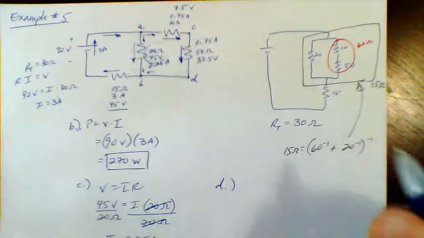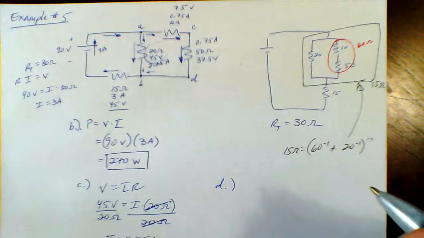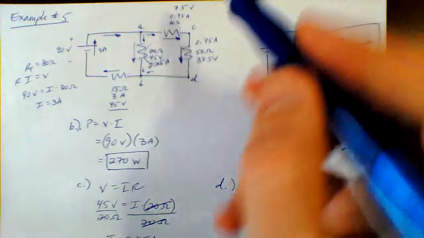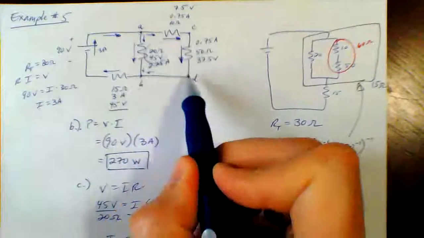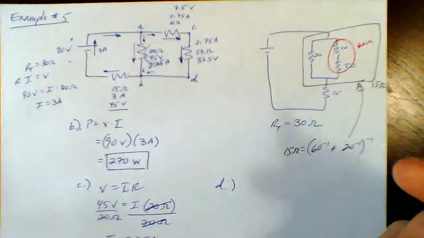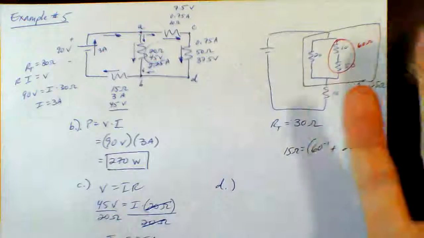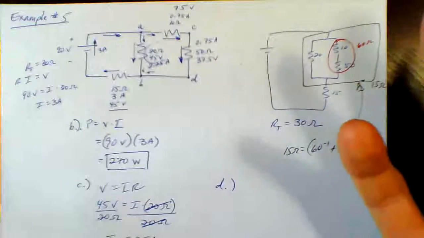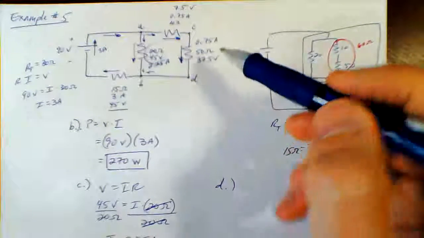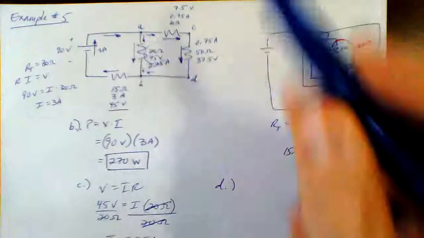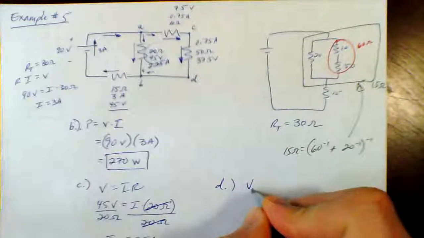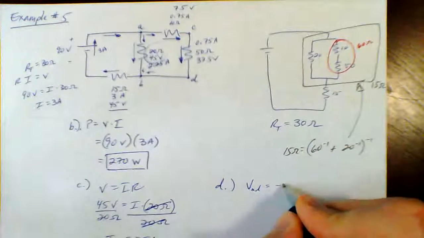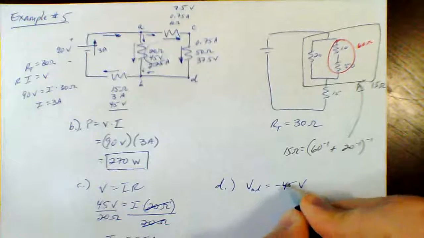All right. So when we get to part D, it says find the voltages V A to D and V B to C. I do want to note the voltage change from B to D is 0. Depending on the wire, it should be 0. For our purposes, we're going to say it's 0. So on D, the voltage from A to D is negative 45 volts.